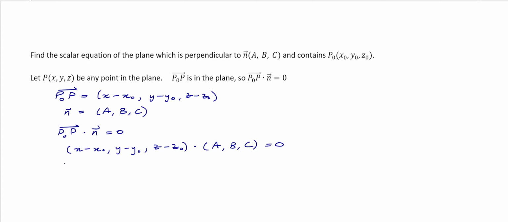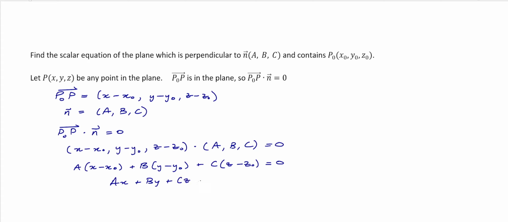So what I'm going to do is expand that all out using my dot product algorithm. a(x minus x naught) plus b(y minus y naught) plus c(z minus z naught) is equal to 0. Cleaning this up, ax plus by plus cz, and then I'm going to have minus ax naught from this expansion right here.